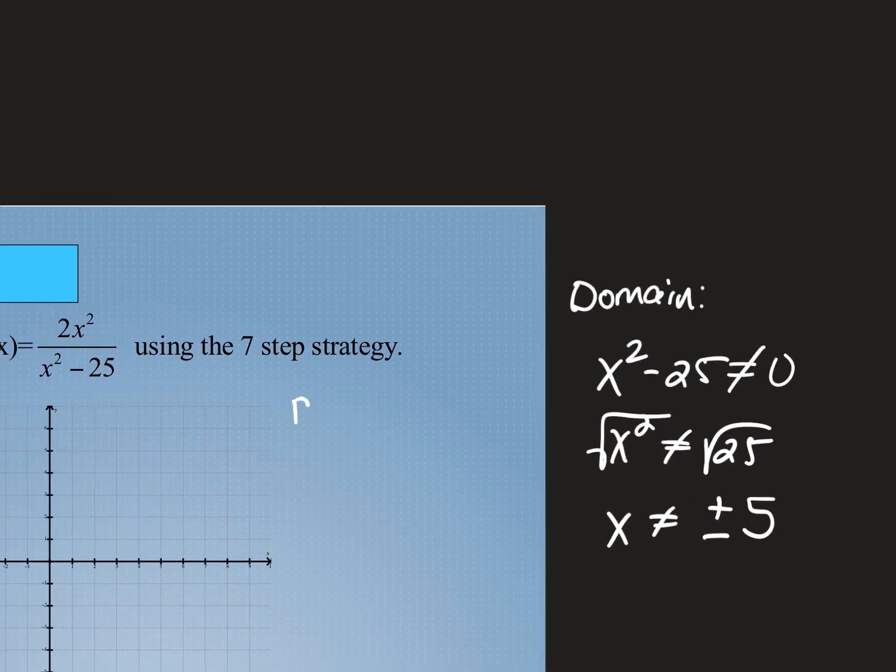So my domain is going to be, tell me, negative infinity to negative 5. Good. Union negative 5 to 5. Union 5 to infinity. Good. So what are my vertical asymptotes? x equals plus and minus 5.